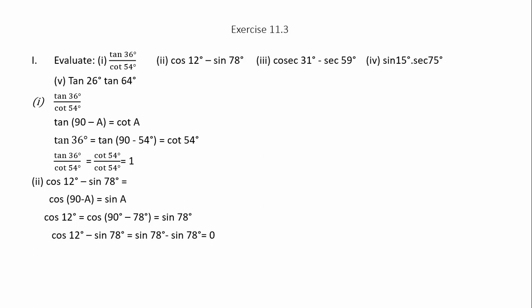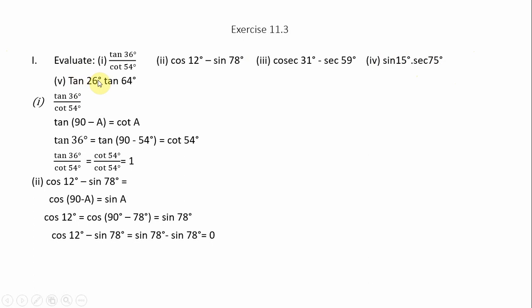You write it as its reciprocal because it is the reciprocal of the cos value. So this becomes cos 75 into 1 by cos 75. So cos 75 cancelled, you are going to get 1, right?